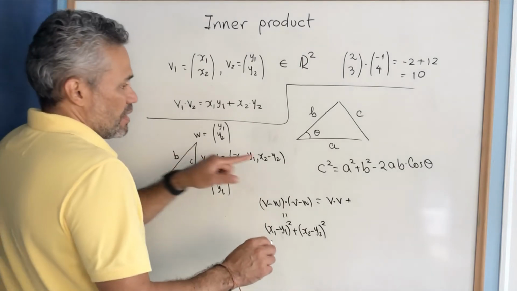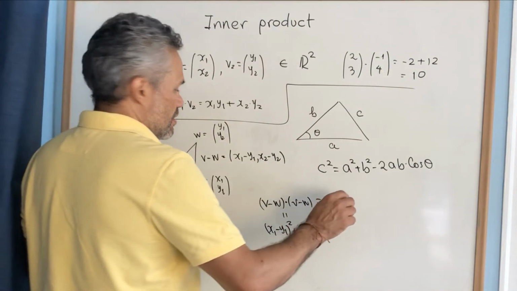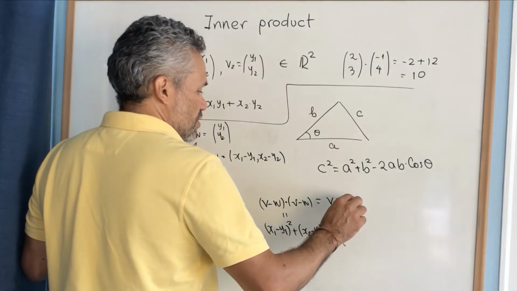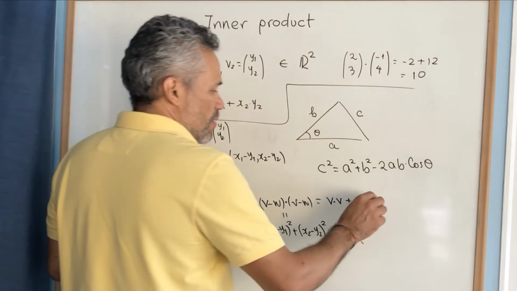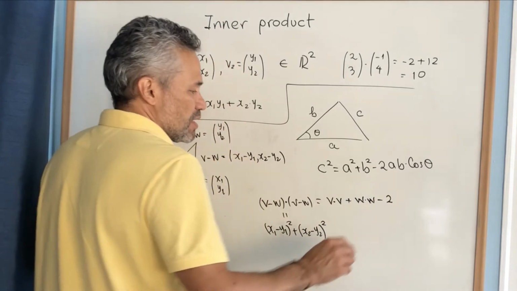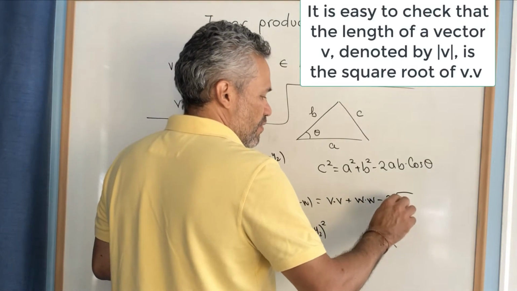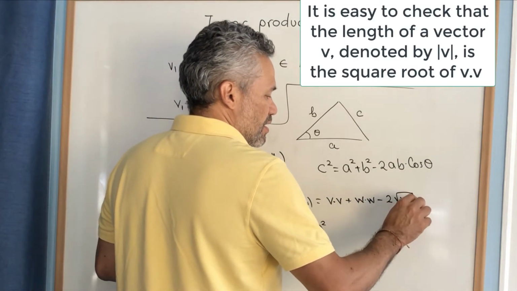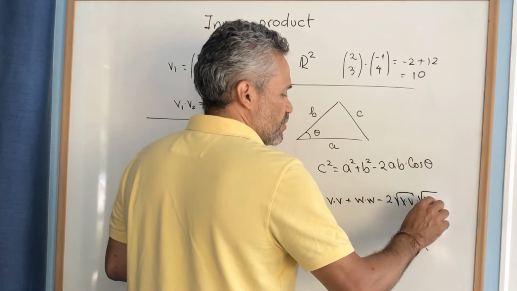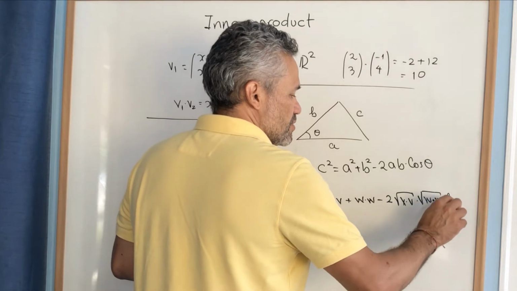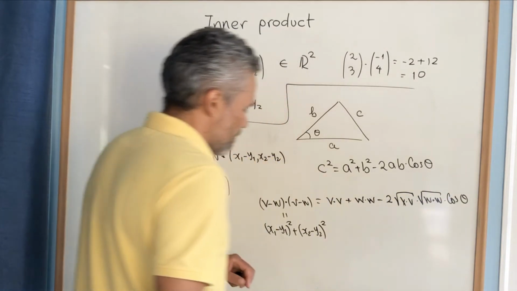plus B squared, which is the dot product of w with w, minus 2 times the square root of v dot v times the square root of w dot w times cosine of theta.